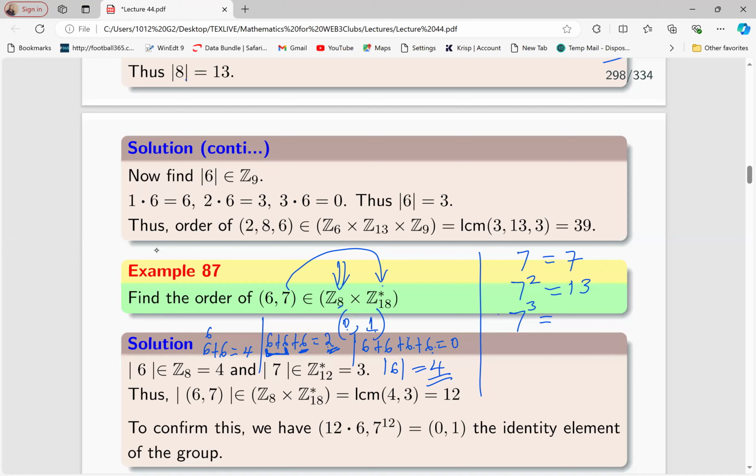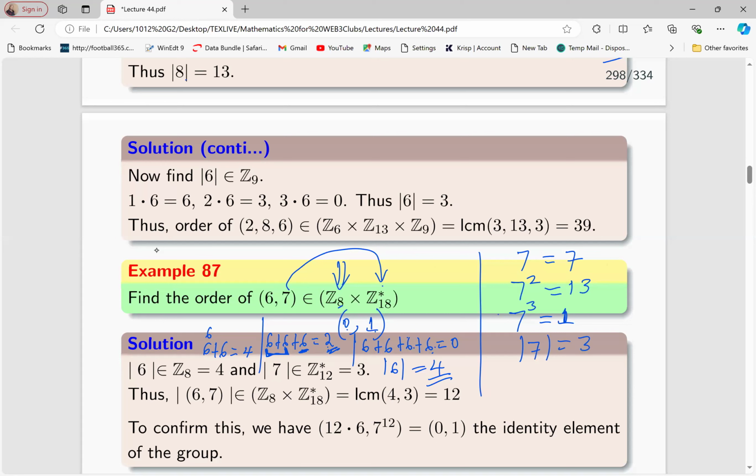So 13 times 7 is 91. 91 divided by 18 goes 5 times. What's the remainder? The remainder is 1. So that means the order of 7 is 3.